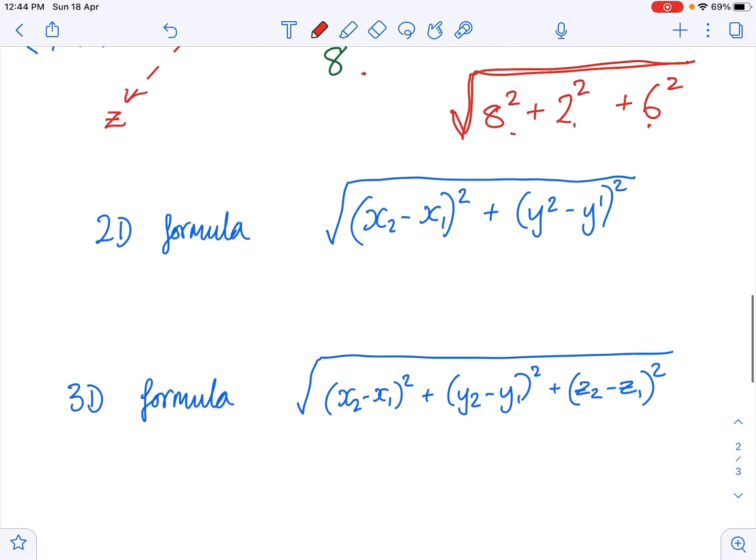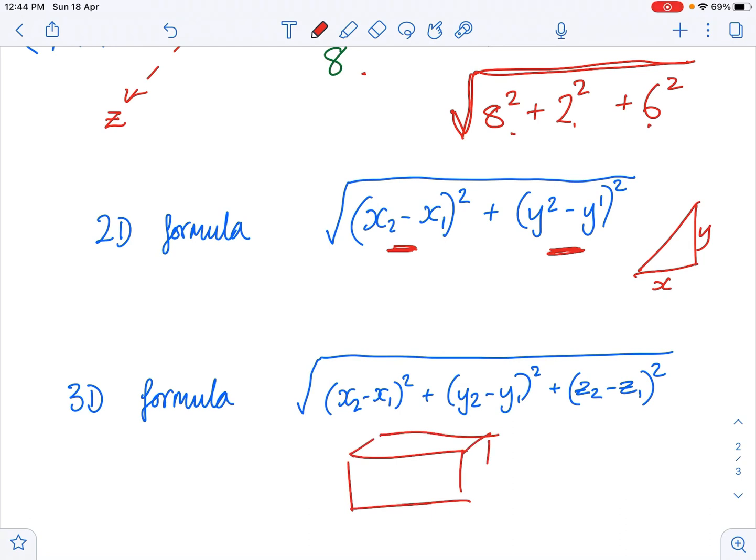And in fact, here is the formula for when we're doing it in 2 dimensions. It's Pythagoras basically, isn't it? So the difference in the x coordinates, the difference in the y coordinates. With 3 dimensions, we need to bring in the difference in the z coordinates.